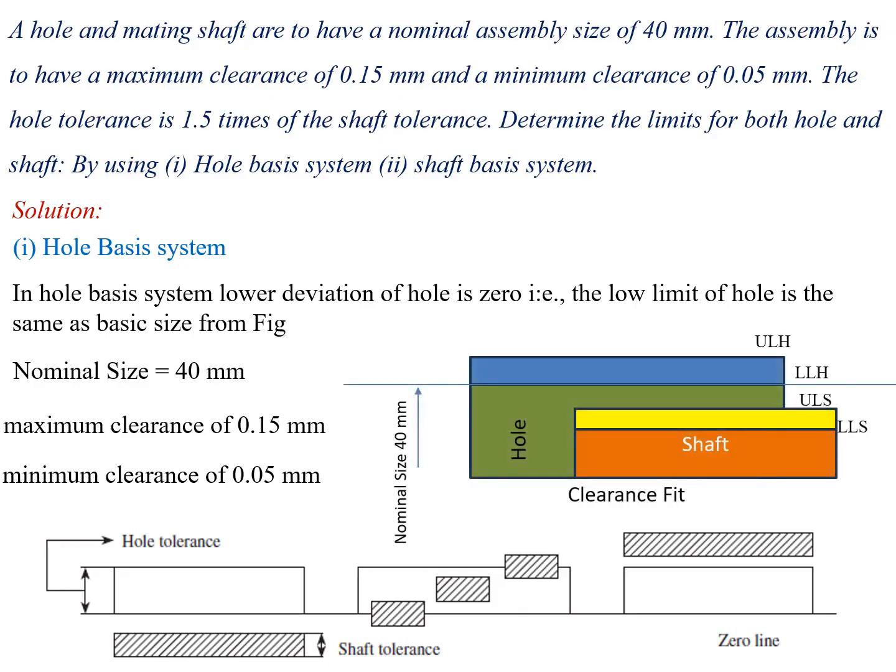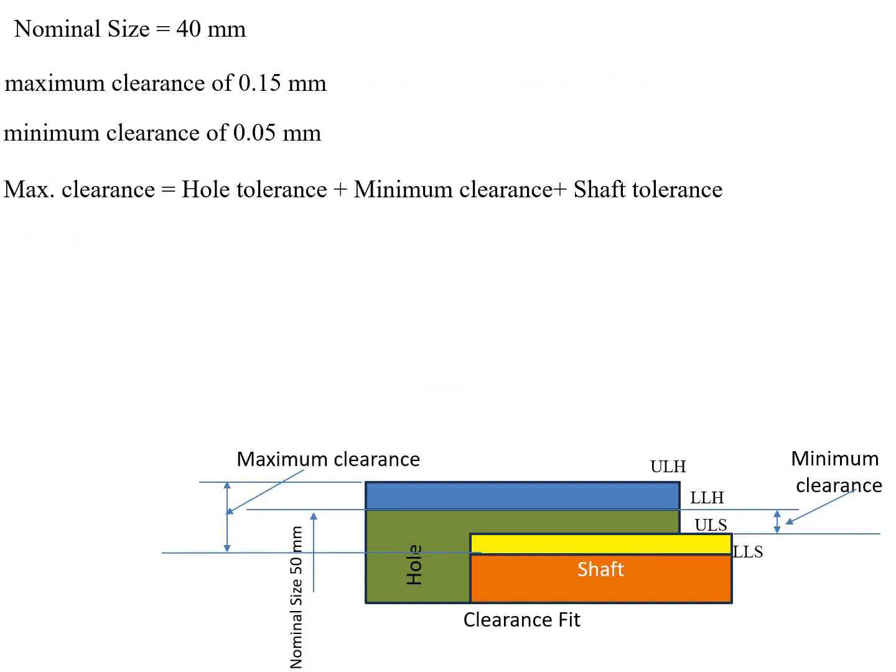This is the schematic representation of the clearance fit for the hole basis system. We also know that maximum clearance equals hole tolerance plus minimum clearance plus shaft tolerance.